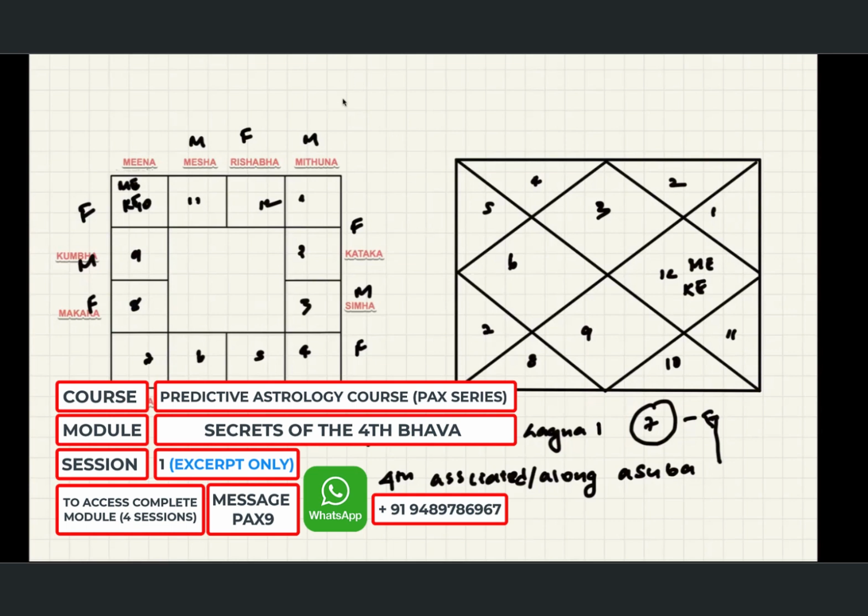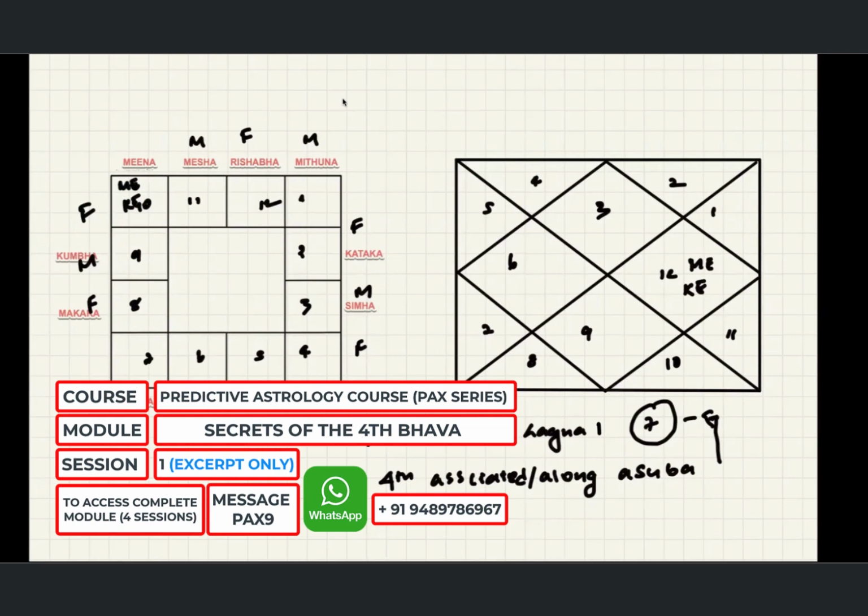Lagna Lord is in the seventh. And now let us say the fourth Bhavadipati, who indicates beauty, is aspecting. And most importantly, if he happens to be a Shubha Graha, there you will get a clearer answer. I know where you will come up to. You will say, what if he is a Shubha Graha? The fourth Bhava Lord, which indicates beauty, also happens to be a Shubha Graha, and he is connected with the seventh Bhava.